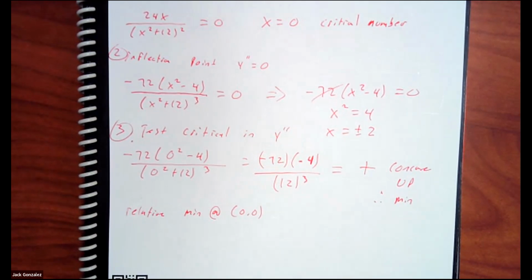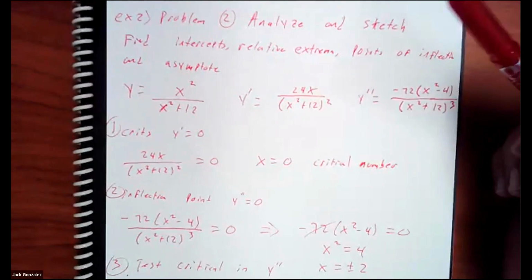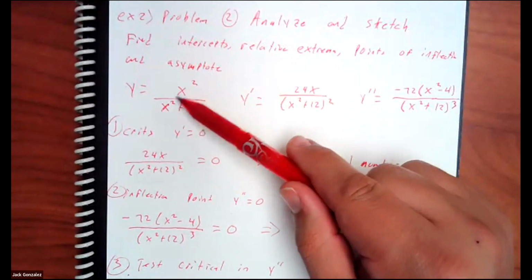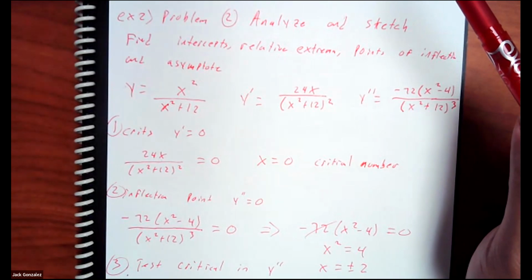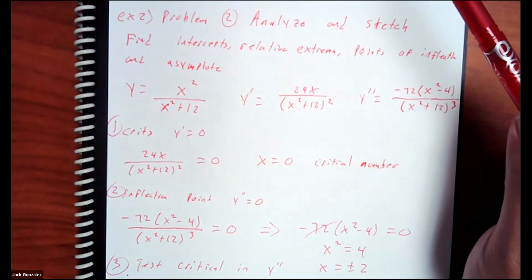Now we need intercepts. That should be enough to graph this nonsense. Although I think we also have an asymptote, right? Do you notice the degrees are the same? So we can use those ideas of infinite limits here.